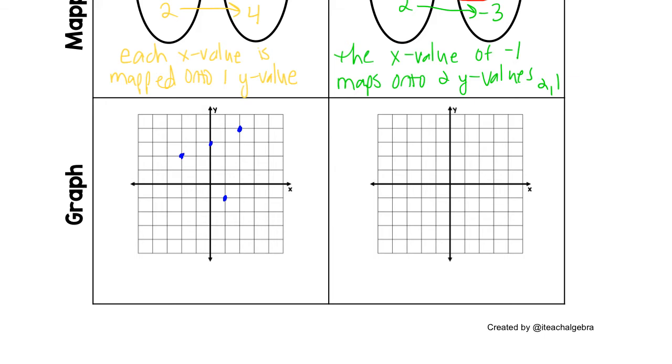The vertical line test says that we can draw a vertical line through any parts of our relation, and it should only pass through one point in the relation. So let's test it out. Here's that. That's only 1 point. That one goes through 1 point. That one does. And that one does. So this is yes, a function, because it passes the vertical line test.